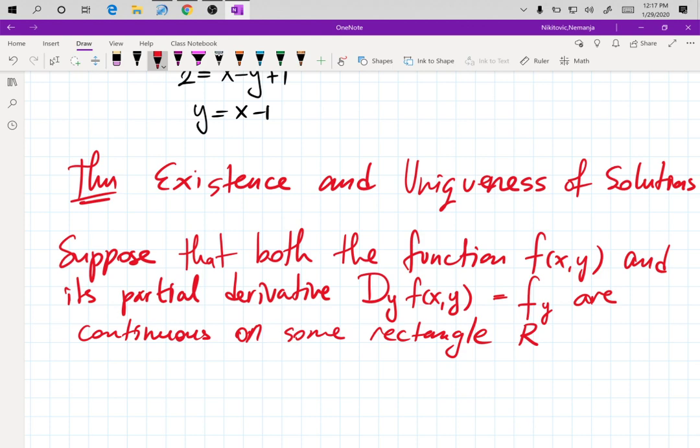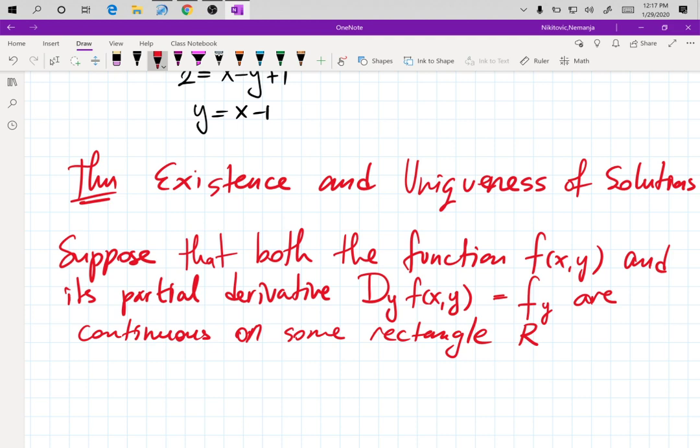Please remember, solution for a differential equation is a function y equals f of x, right? You draw that on the xy plane, which means you can draw the box around it, right? At least around a part of it. You can draw a box, which is a rectangle.